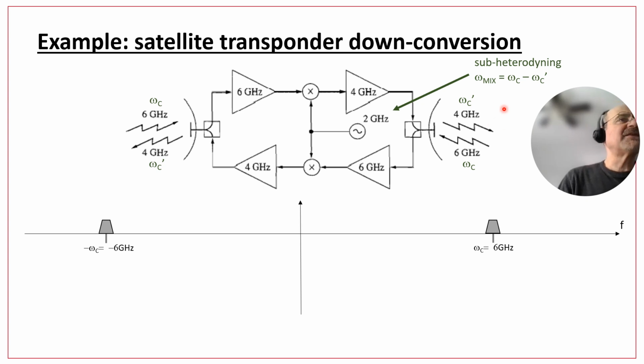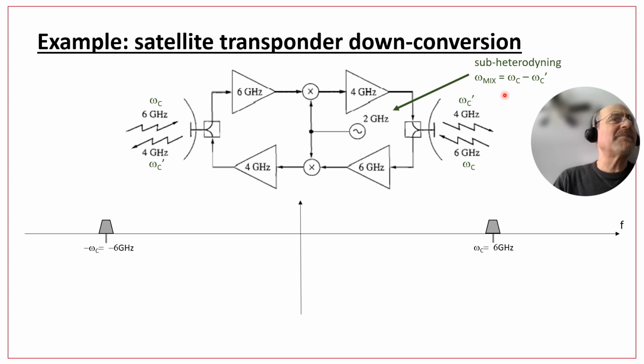Here we're using the sub-heterodyning alternative, and the reason for that is we want to avoid very high frequencies in the satellite, because those high frequency components tend to consume more power, and power is very limited in the satellite. Also it gives rise to more complicated circuits.